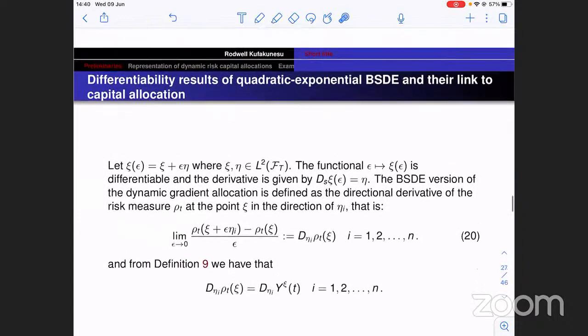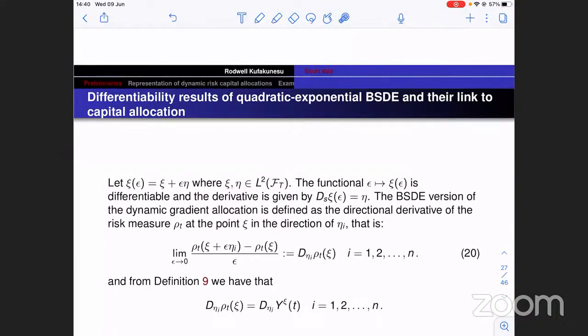So one of our contributions was to extend the definition of gradient allocation, not using the classical directional derivative, but using the Malliavin type. So this D will represent the Malliavin derivative where it is needed. Elsewhere, we can use the classical directional derivative.